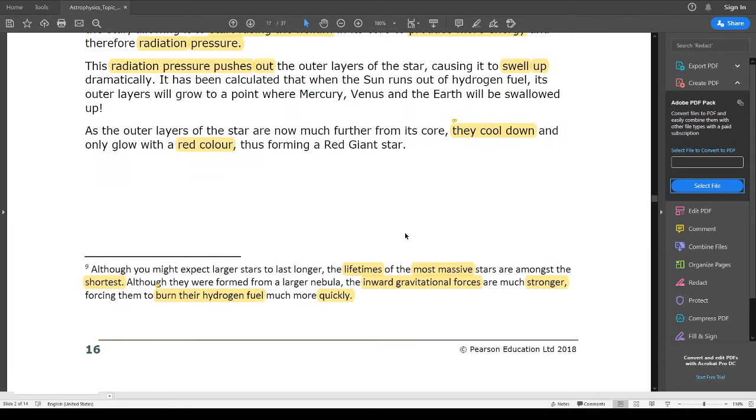Now, like I was saying, the lifetimes of the most massive stars are the shortest. The inward gravitational forces are much stronger, so they fuse their hydrogen more quickly. Is that clear?